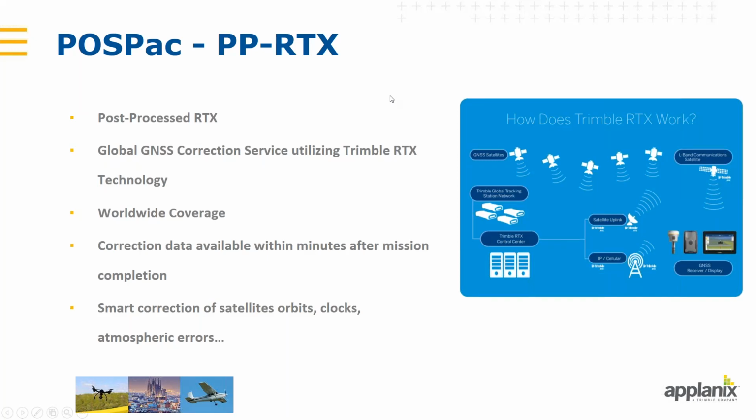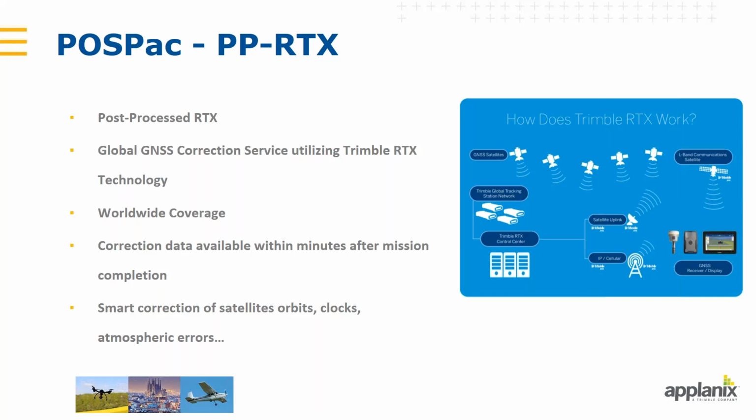So the next processing mode I want to talk about is PPRTX. PPRTX stands for Post-Process RTX, and it is a GNSS correction service in POSPac, which is based on Trimble's RTX technology. Trimble RTX consists of a global network of tracking stations collecting continuous data, which is then processed in the control center.